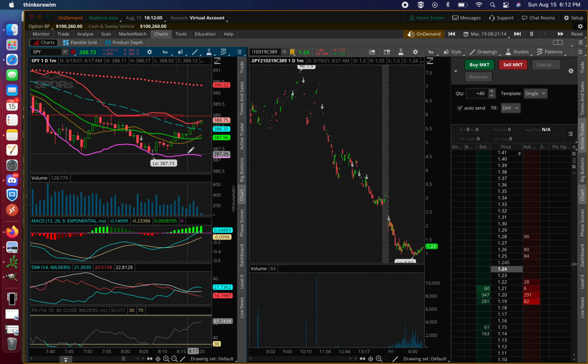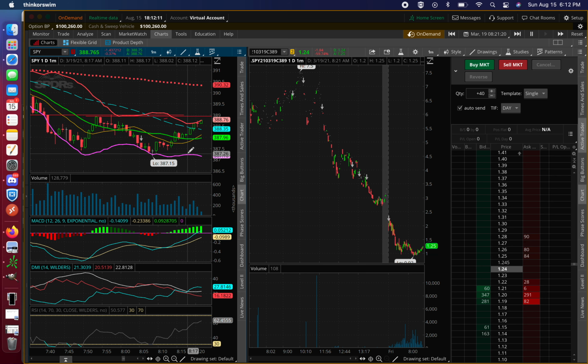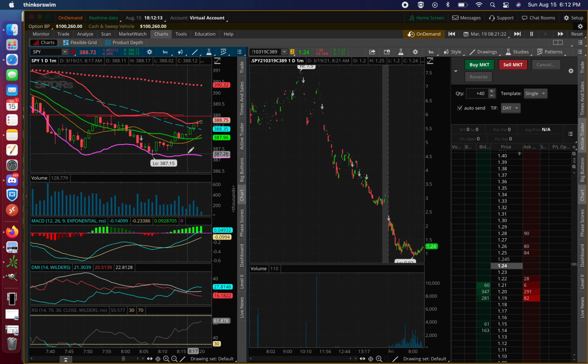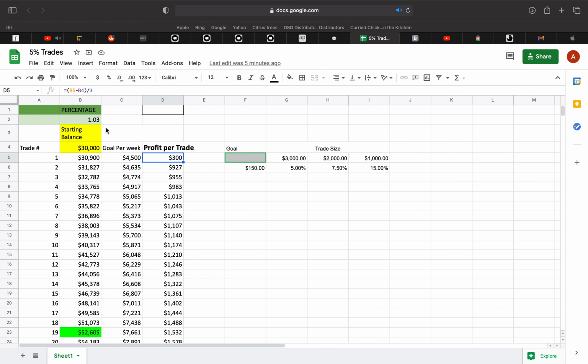You could lower your trade size. If you have a $2,000 account, minimize your trades to $500 position sizes, and of course you can lower your expected move. If you don't want to do a 5% move, try to get a 3% move.